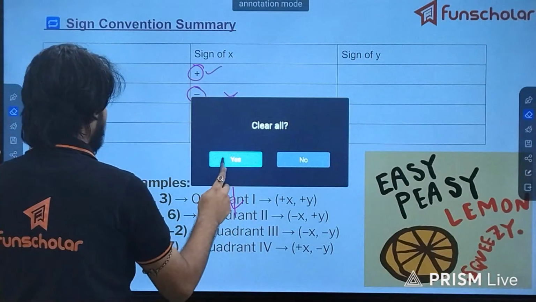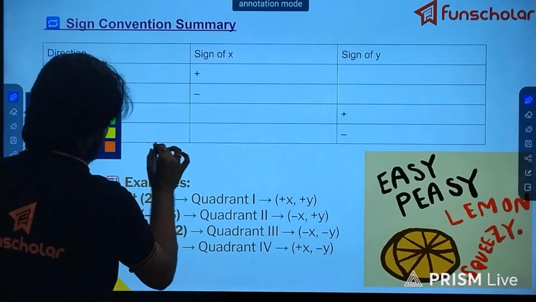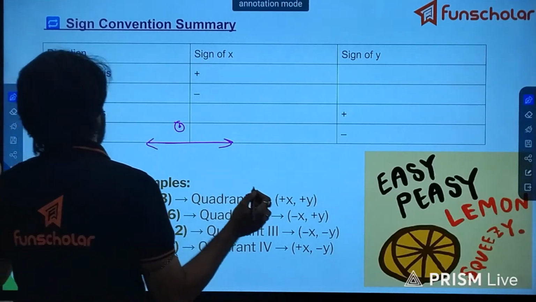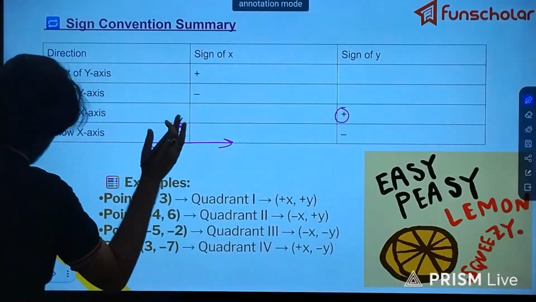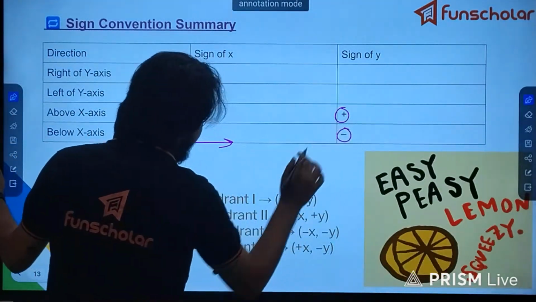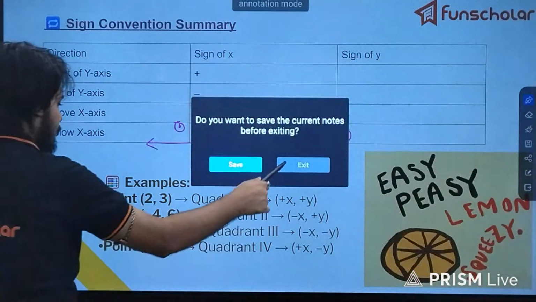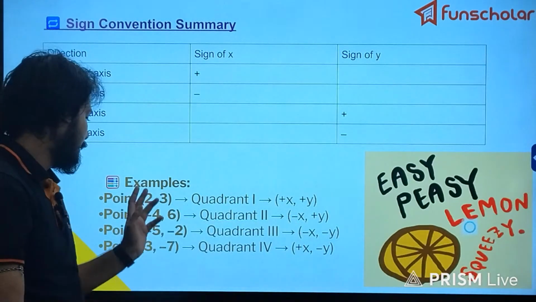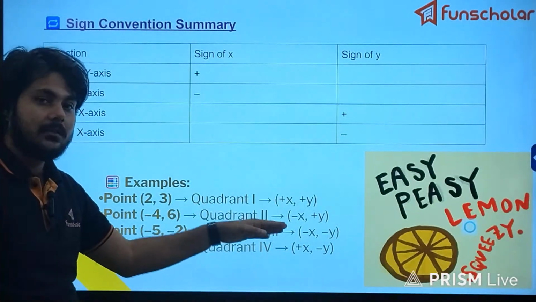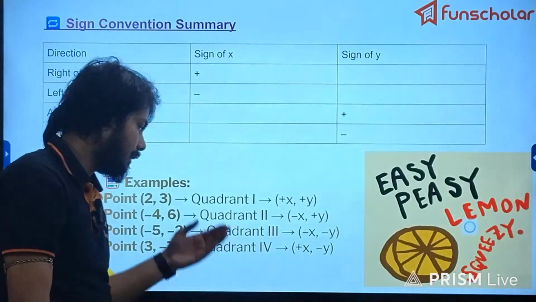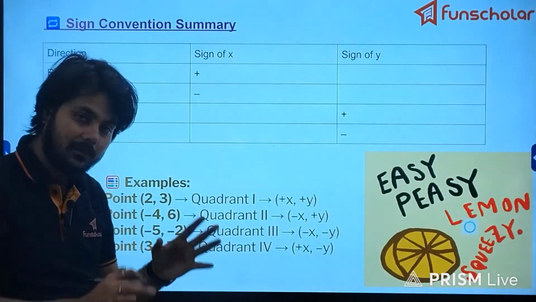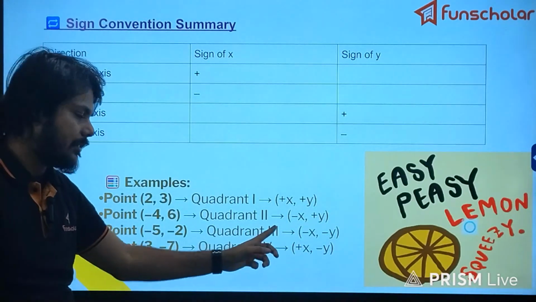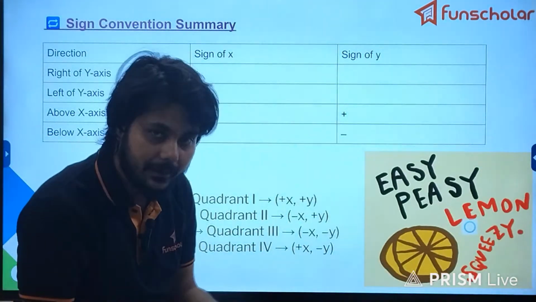Similarly, above x-axis, y coordinate will be positive and below x-axis y coordinate will be negative. First quadrant both will be positive. For second quadrant the abscissa will be negative and ordinate will be positive. For third quadrant abscissa and ordinate both will be negative, and for the fourth quadrant abscissa will be positive but the ordinate will be negative.